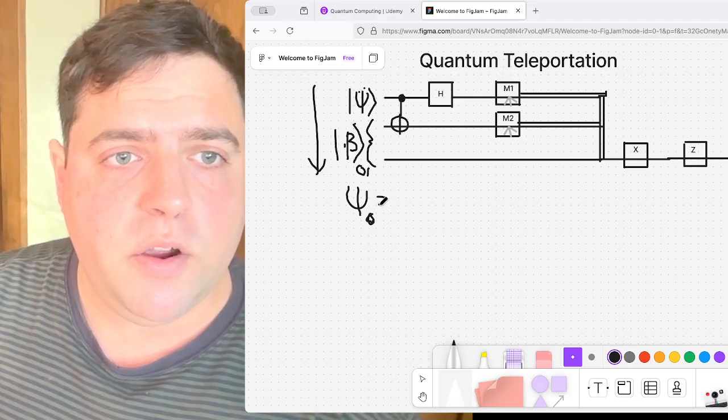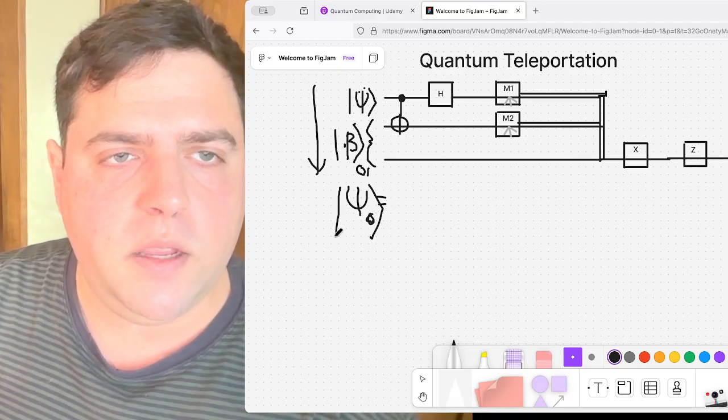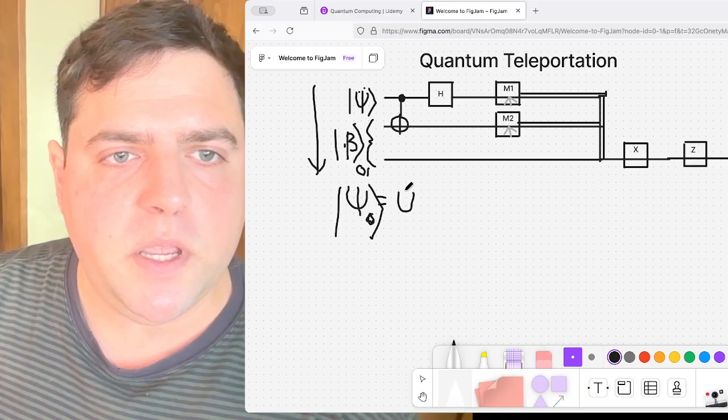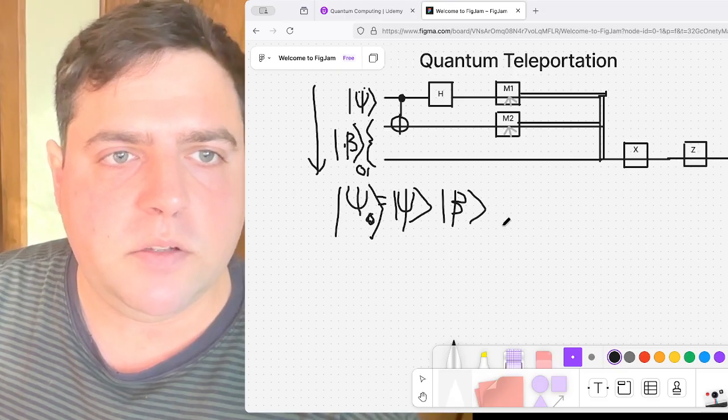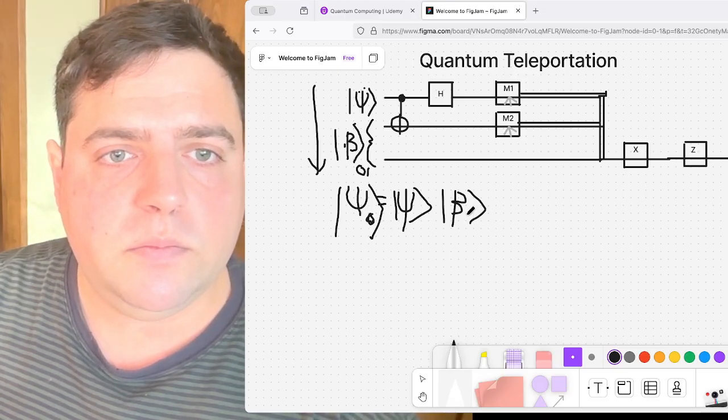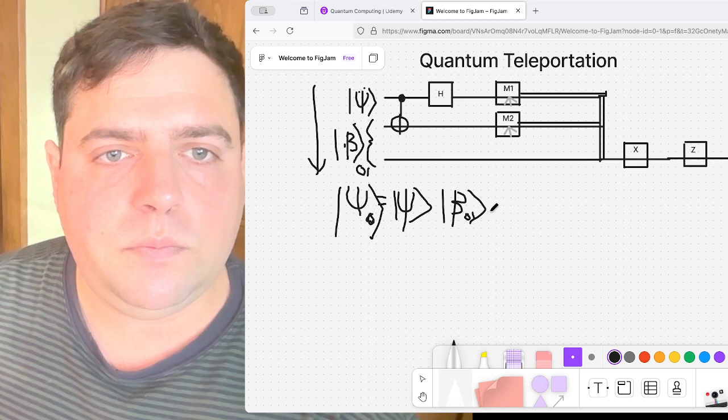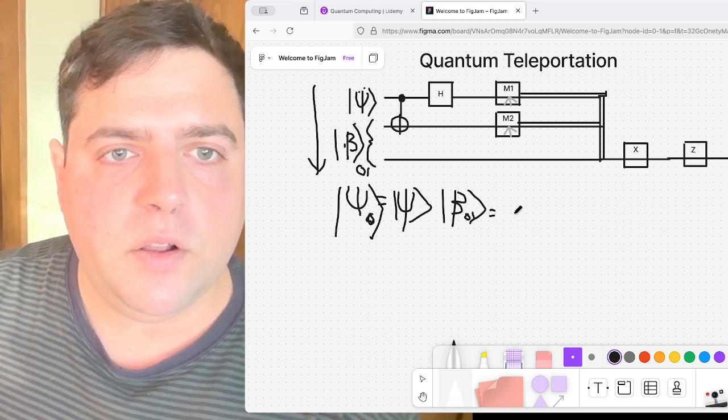So psi 0, this state is simply going to be this state compounded with this state. And by compounded, I mean tensor product, as always. And it's going to look like this.